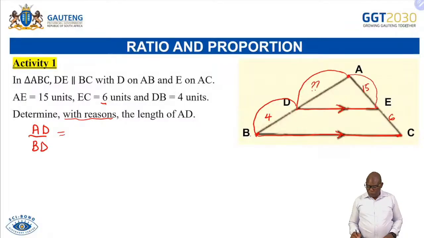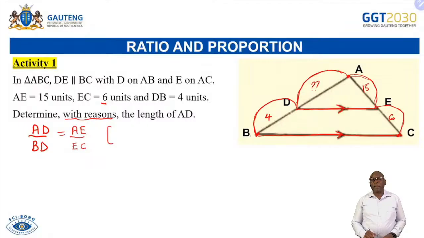AE over EC. It is in the same proportion. I said this over that will be the same as that over that. So it must be AE over EC.